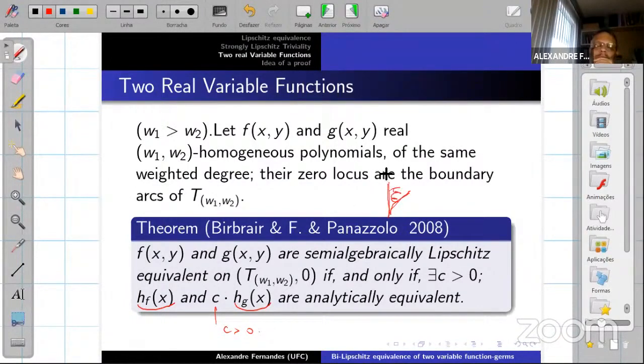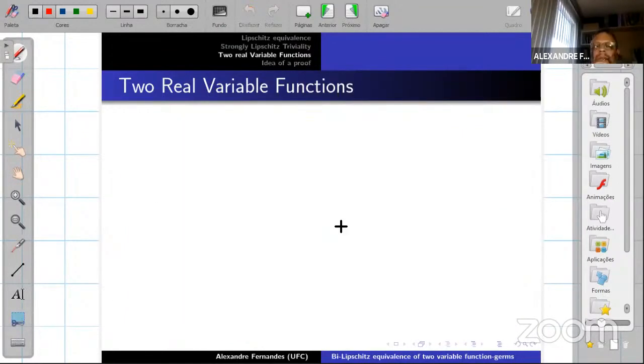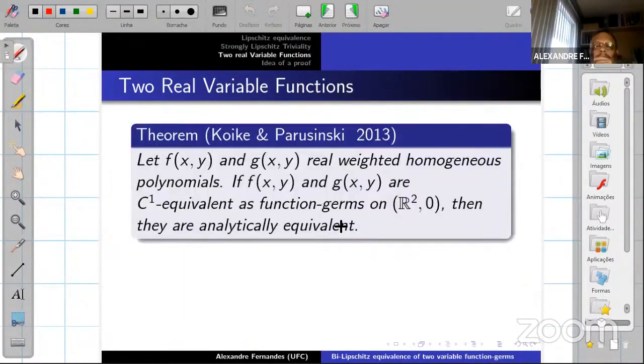We did not succeed to do this glue, and we stopped the investigation of this result. We are looking for a result like that. Koike and Parusinski, in the real case, proved in 2013 that if two real weighted homogeneous polynomials are C1 equivalent as function germs, then they are equivalent.